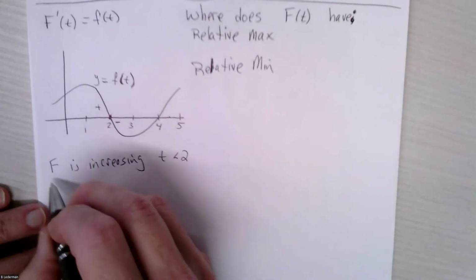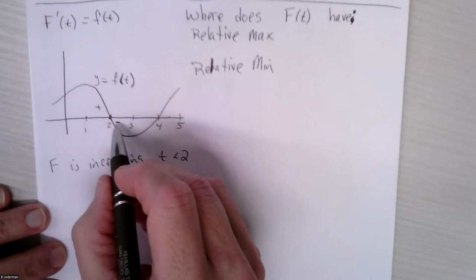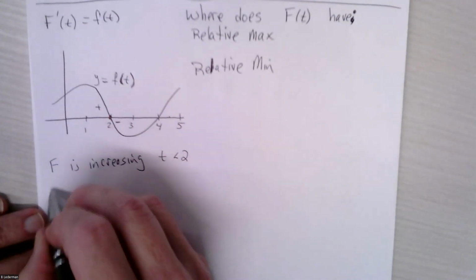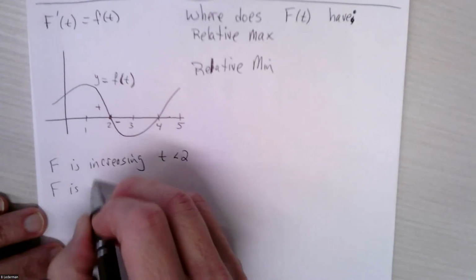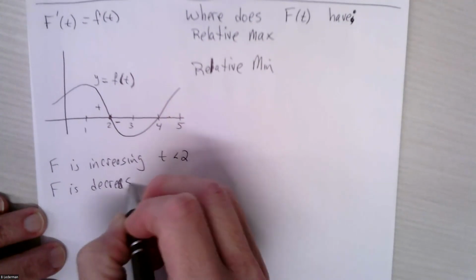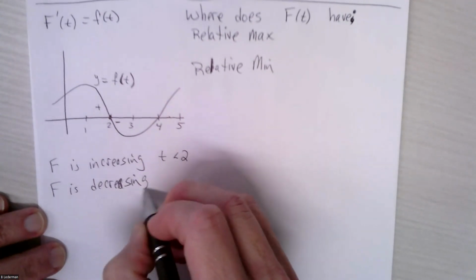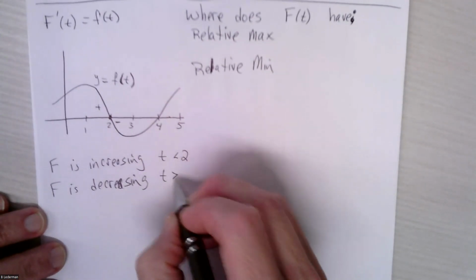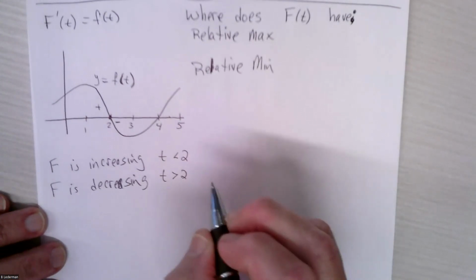And then when small f becomes negative, capital F is decreasing when t is greater than 2.